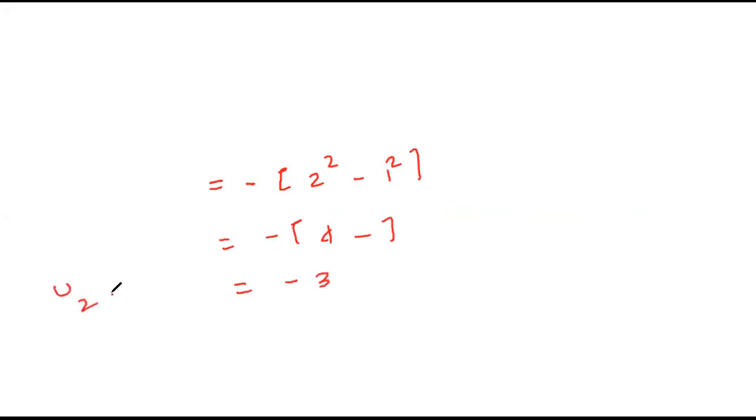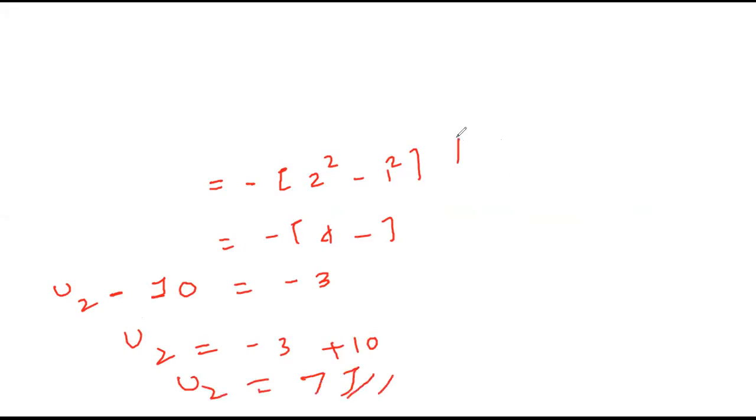So U2 minus U1 was minus 3, and U1 was 10. So U2 is minus 3 plus 10, U2 equals 7. Follow the meaning now, how to do? Yes, sir.